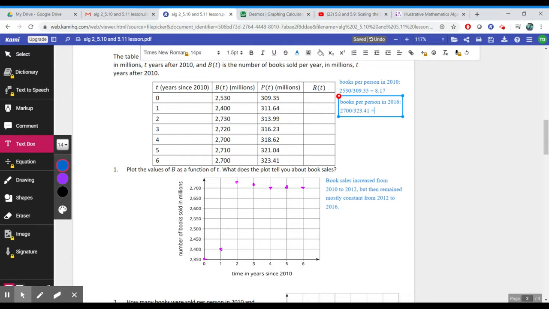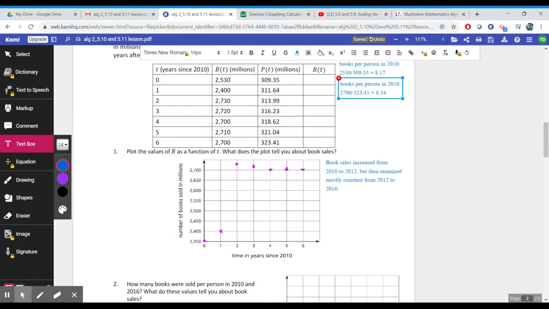So according to my calculator, 2,700 divided by 323.41 is 8.34. So for each person, there were 8.34 books sold in the year 2016.